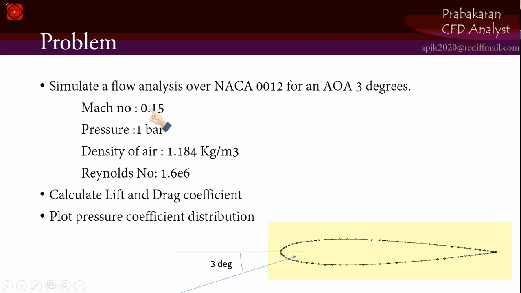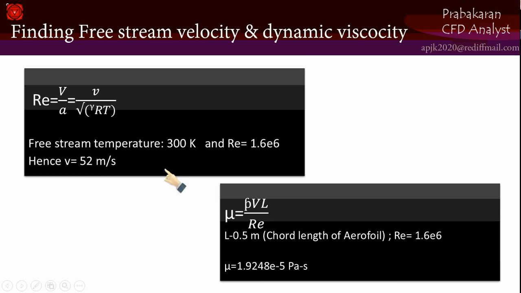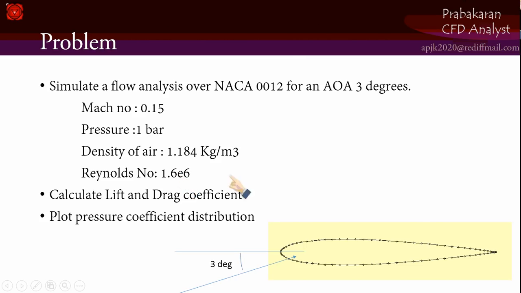That means our aerofoil is going at a Mach number of 0.15, where the pressure is 1 bar, and the density of air moving over the aerofoil is 1.184 kilograms per meter cube, and the Reynolds number is based on the chord length of the aerofoil.